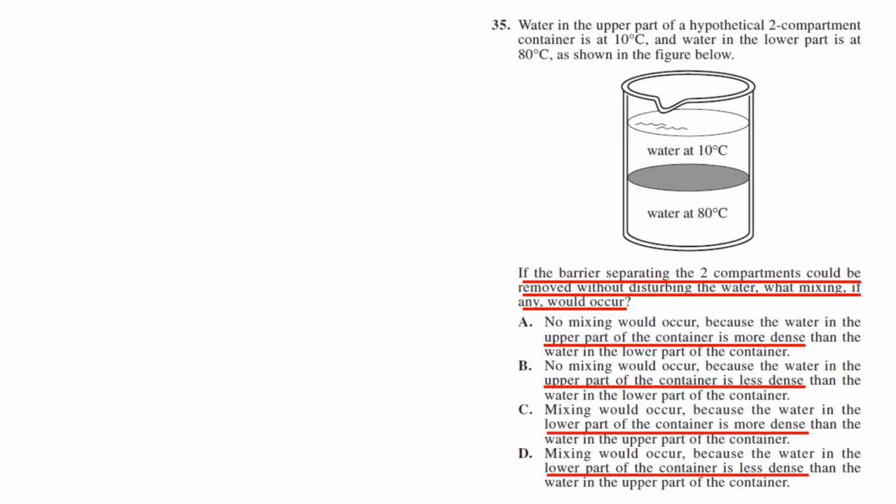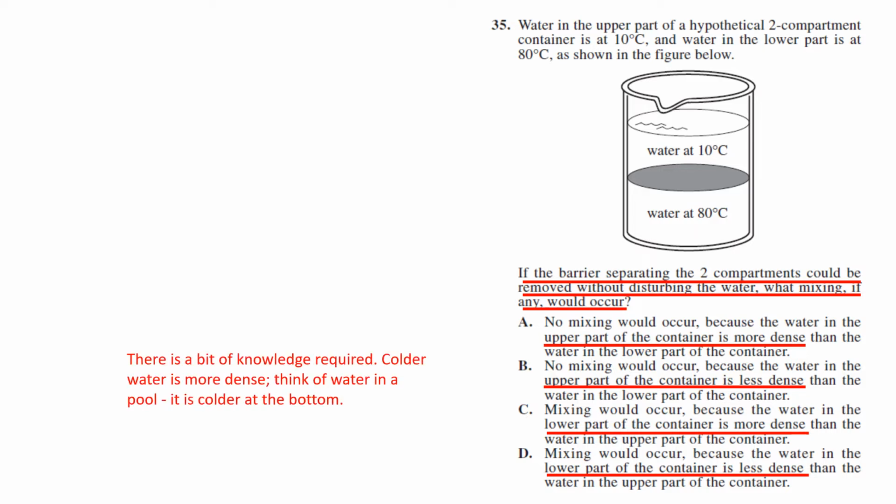And if we look at the answer choices, we're talking about the density of water. Is it more dense or less dense when it's cold or warm? This is a little bit of knowledge, but you may also just know it. Colder water is more dense. Think about the water in a swimming pool. It's colder at the bottom, so the cold water is more dense. It stays at the bottom.